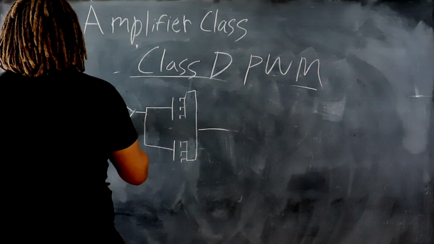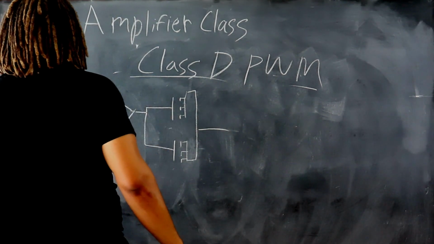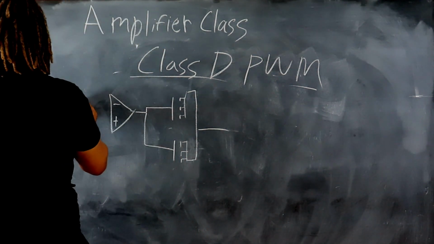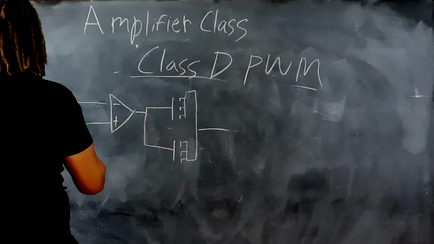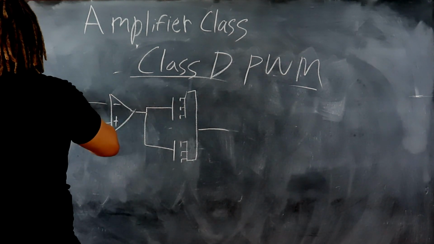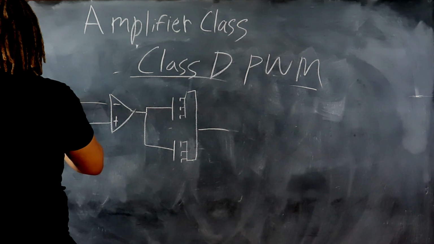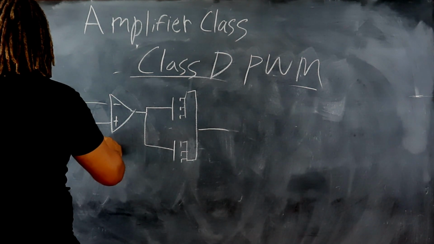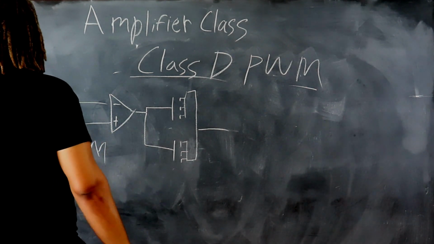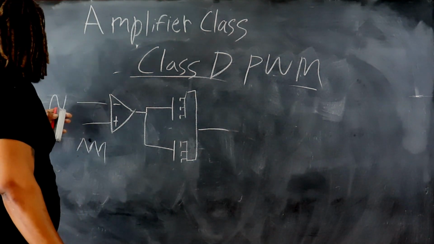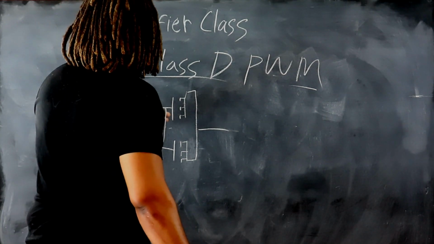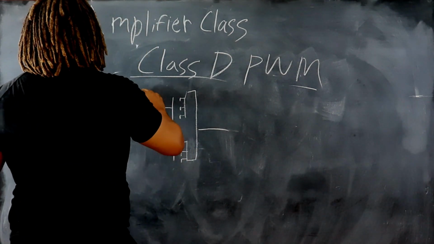So what's happening here is we're going to have something called a comparator. Now, a comparator is going to be fed your input signal and a triangle wave, maybe even a square wave. And that comparator is basically going to combine the two signals, giving an output of a square wave.